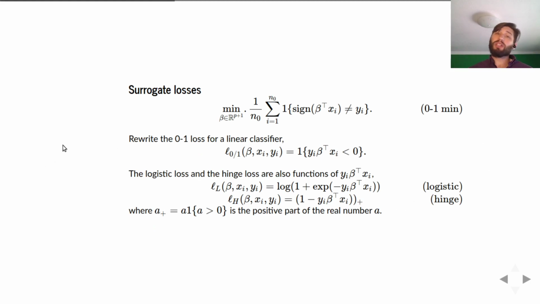Okay, so we started off talking about what we want to do. We want to do this 0-1 loss minimization. We want to minimize our empirical risk under 0-1 loss. But we mentioned this is an NP-hard problem, and it's because of this discontinuity of the empirical risk in the beta parameter. And first of all, I'd like to mention this isn't always 0-1 loss.